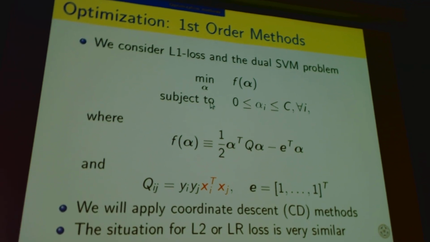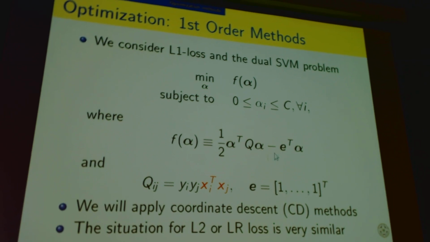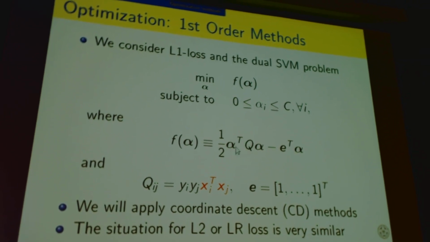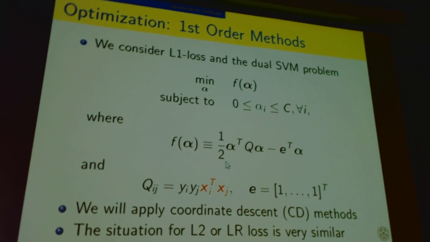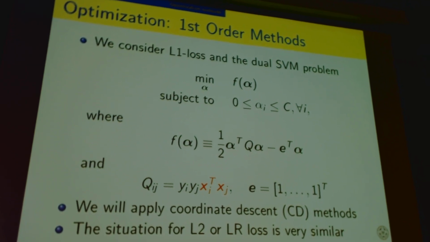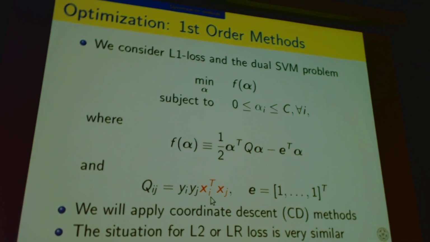The dual problem of support vector machine is to minimize a function f of alpha, which takes this form: alpha transpose Q alpha minus the summation of alpha. Each component of the matrix Q is the inner product between two training vectors. This is almost like a kernel. In the kernel case, this Q is the kernel matrix, but now we are doing linear, so Qij is simply the inner product between two training vectors.